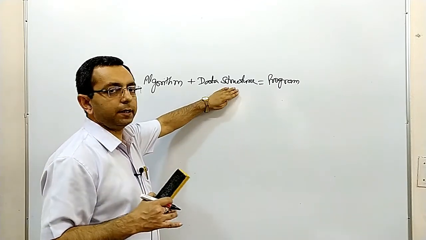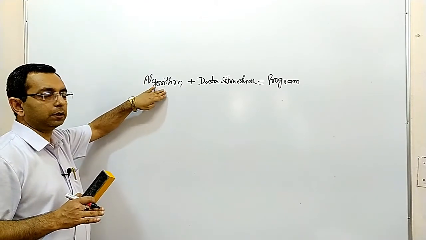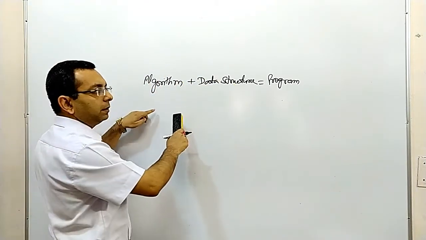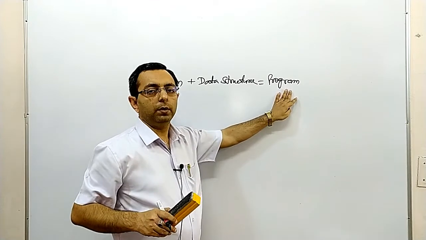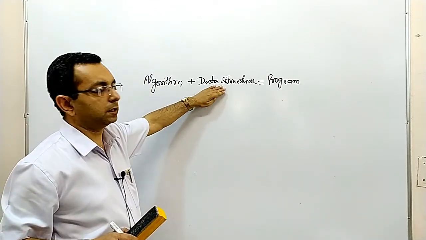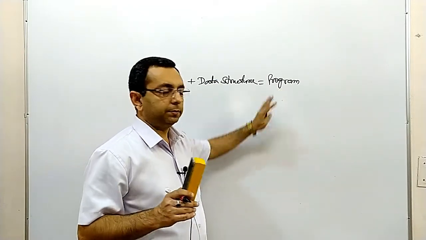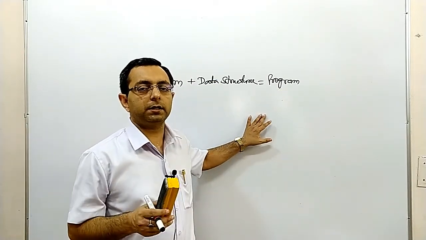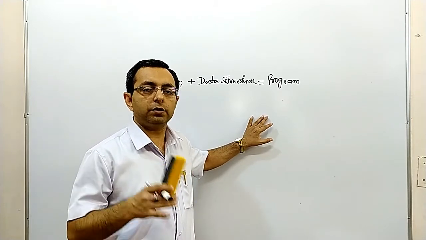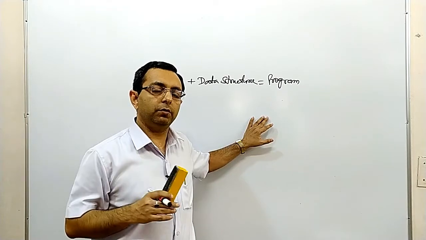So that data is now structured. Now you have to apply the algorithm, and then the combination will be converted into a program. So this is the basic need of data structure while you are learning any programming language. I hope what is data structure is now clear to you. Of course, we will learn many more things about data structure in later videos.